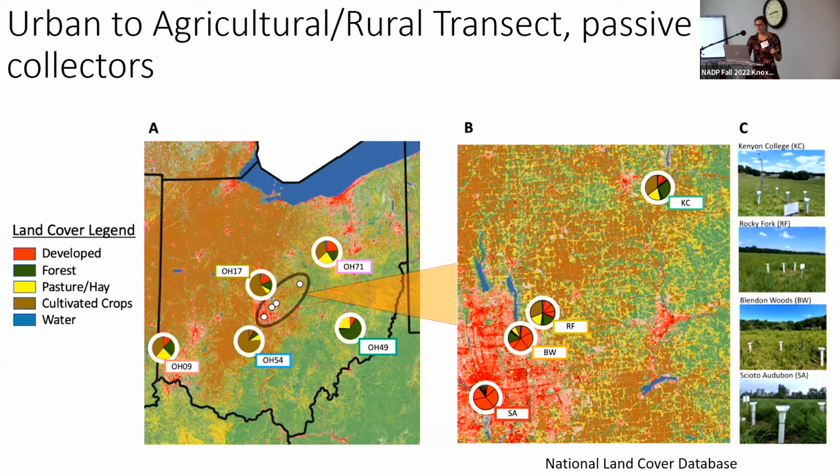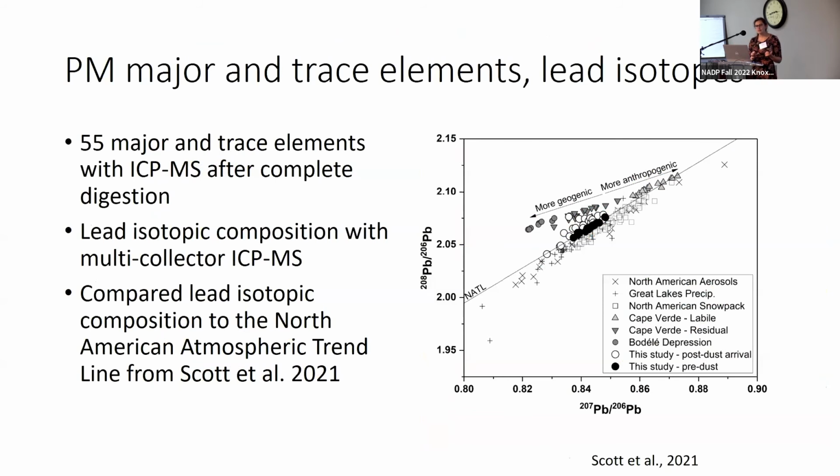We take those filters, and after a complete digestion, they are analyzed for 55 major and trace elements with ICP-MS, and also for lead isotopic composition with a multi-collector ICP-MS. For the lead isotope composition, I'm going to show a comparison of our values to the North American atmospheric trend line, which Sean Scott developed in a 2021 paper using NADP NTN samples.